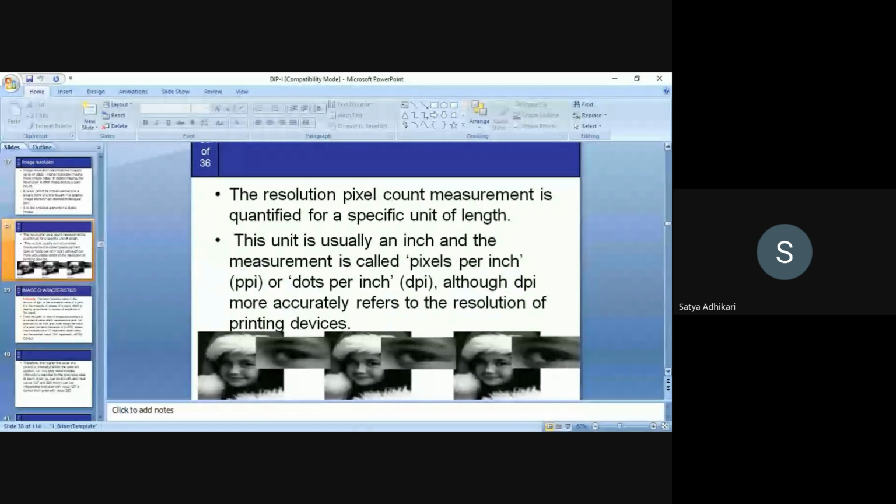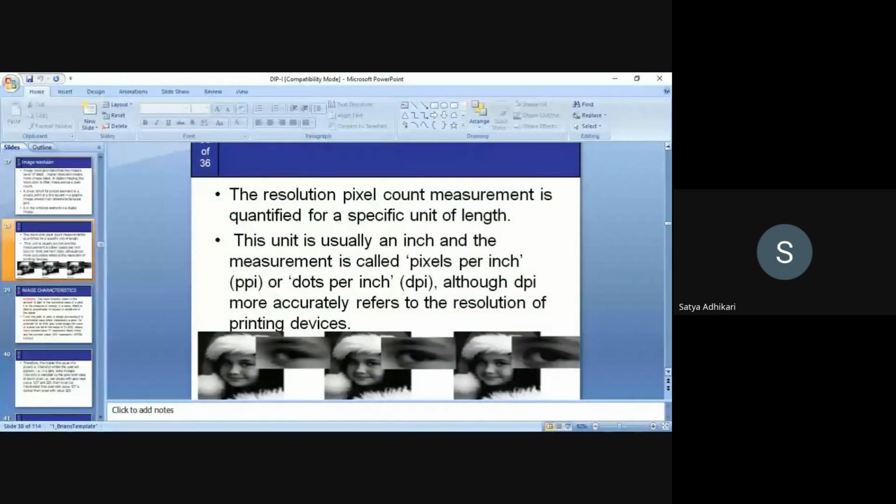The resolution of pixel count measurement is quantified as a specific unit of length. The unit is basically measured in PPI or DPI, pixels per inch or dots per inch, although DPI accurately refers to the resolution of the device.